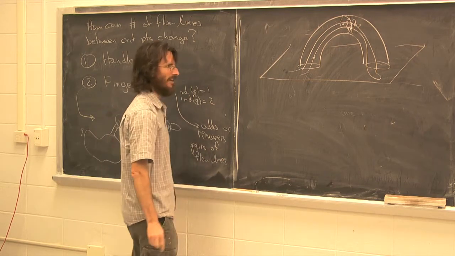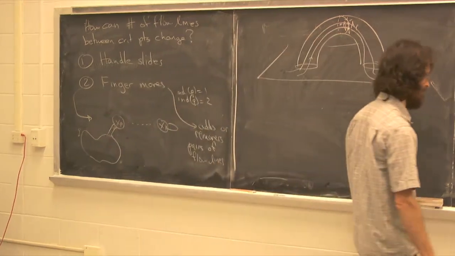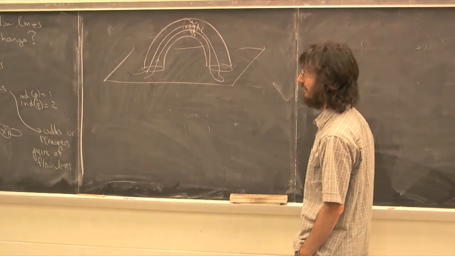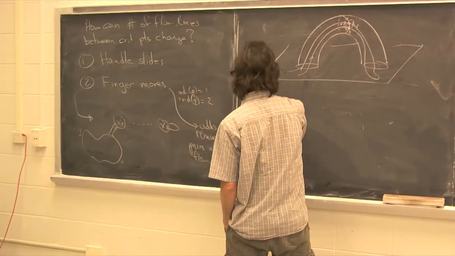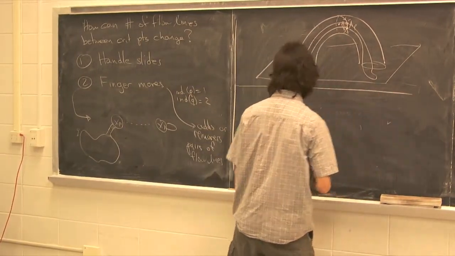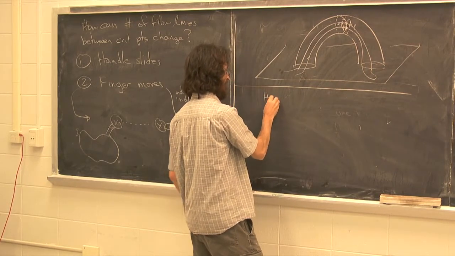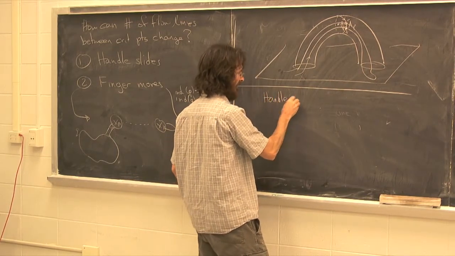And if we're careful about signs, they are added or they come in opposite signs. Then the handle slide, I remind you, we draw a picture of an example of the handle slide again with the same dimensions.